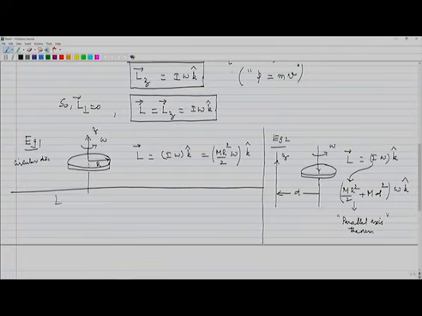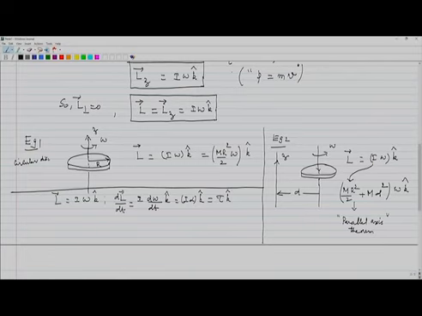So L is equal to I omega times k. Now what is dL by dt? dL by dt is equal to I times d omega by dt times k. d omega by dt is alpha, therefore I alpha times the unit vector k. I alpha, as we saw yesterday, is nothing but the torque.